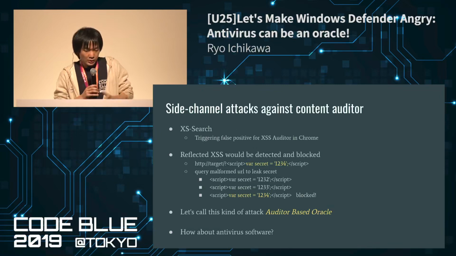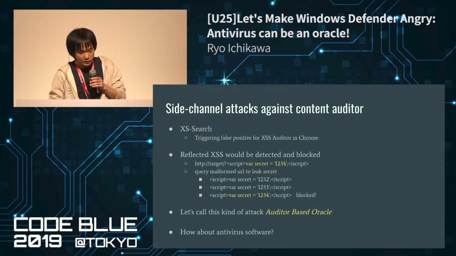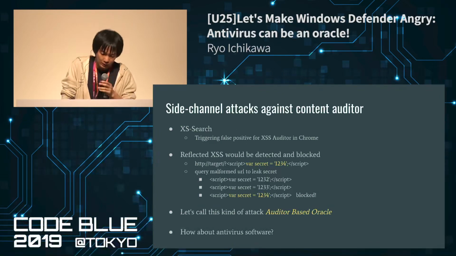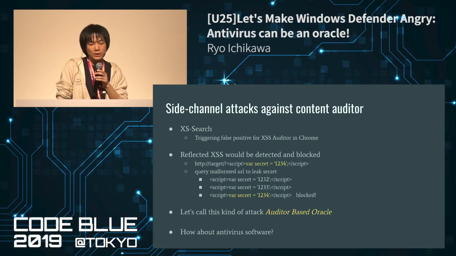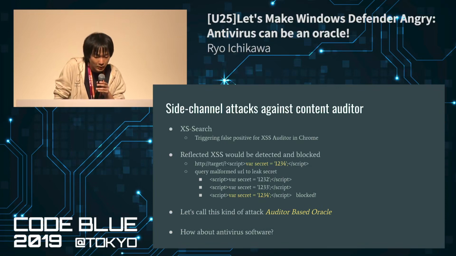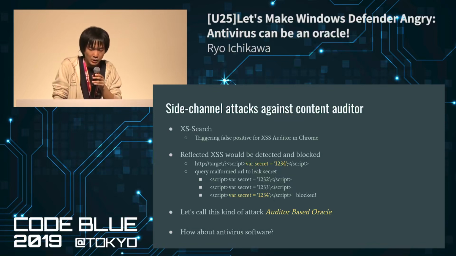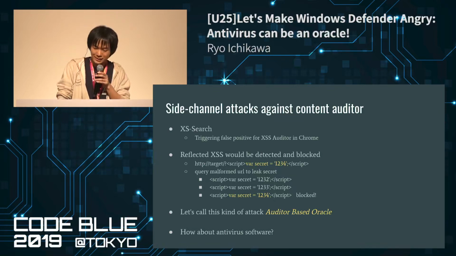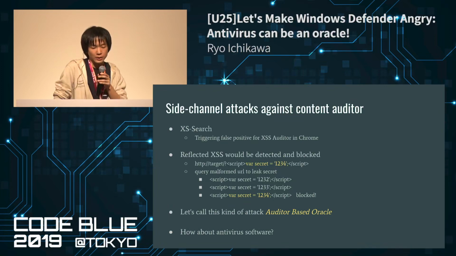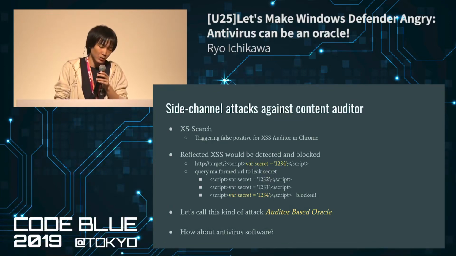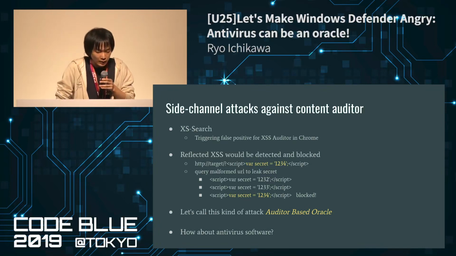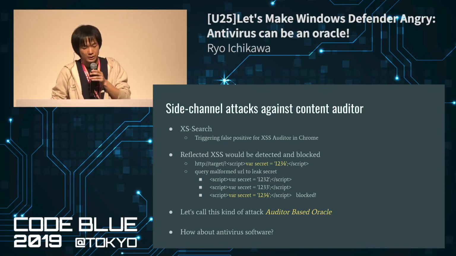So a side channel attack against a content auditor is interesting. For example, cross-site search triggers false positives for the cross-site scripting auditor in Chrome. As a brief introduction to cross-site search using the XSS auditor, reflected XSS will be detected and blocked. This is a feature of the cross-site scripting auditor, and the attack abuses this behavior.